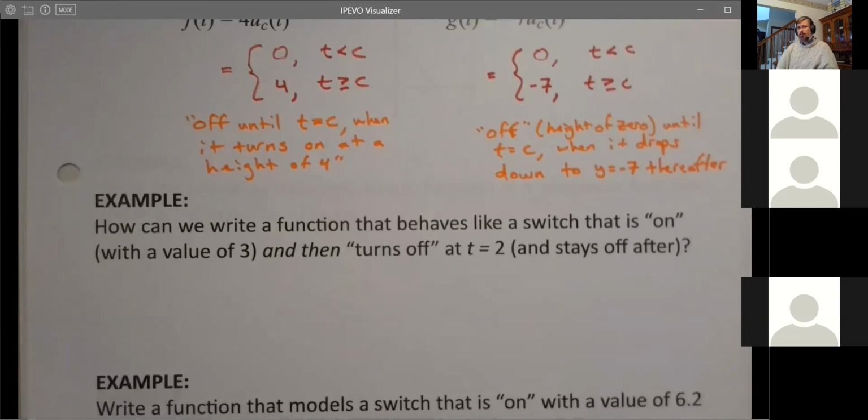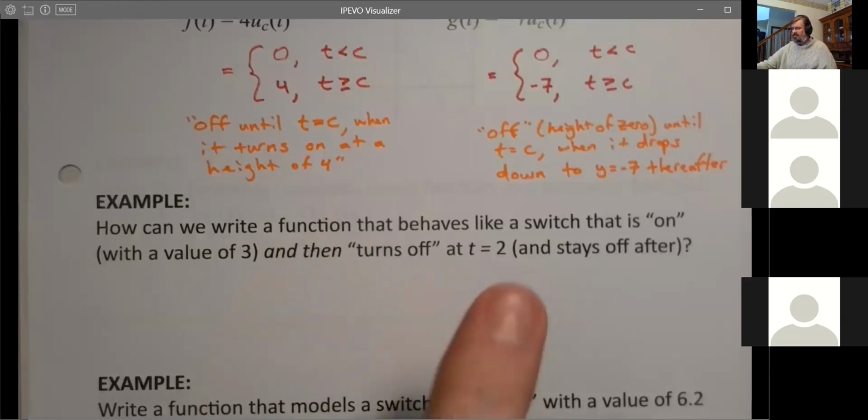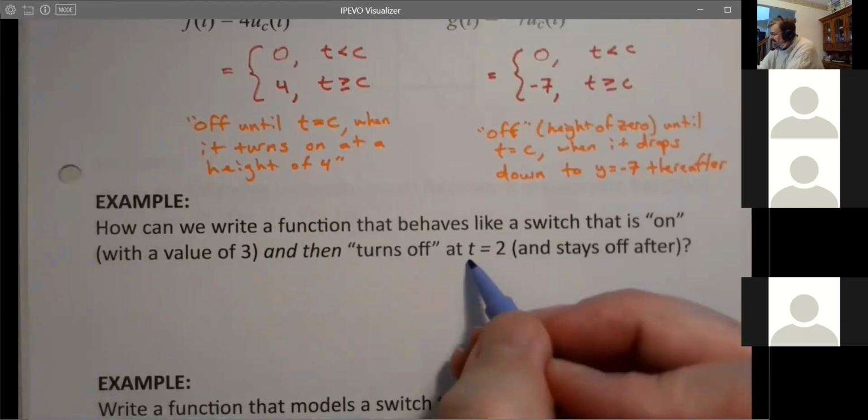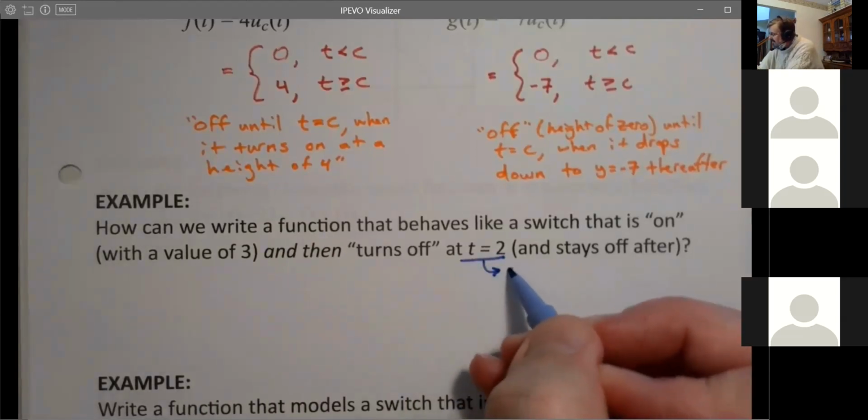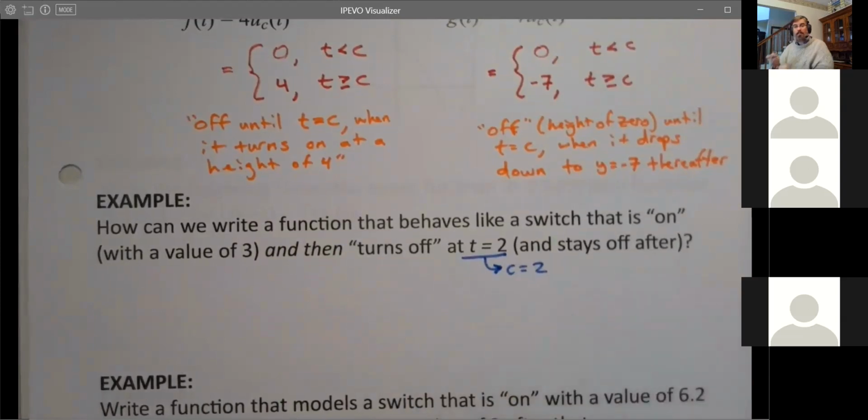Well, yeah, but how do we write it in terms of our unit step function? How do I write it in terms of u sub, looks like our switching moment is going to be at t equals 2. So this is really the value right here. This is saying c equals 2. That's the moment that we're looking for. But how do I make it so that it starts off at 3 and then it drops down to 0?